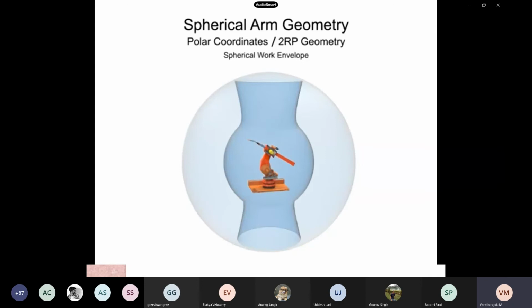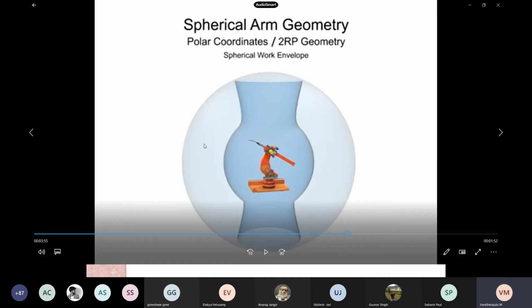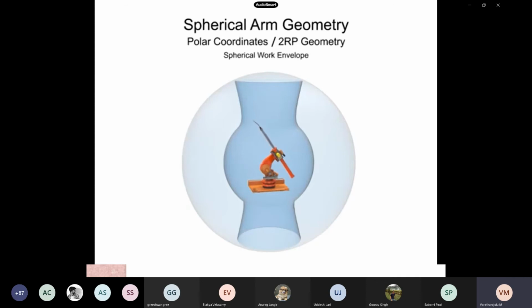The shape of the robot's inner work envelope: see this spherical work envelope. When it has an utmost reach, we have a spherical envelope. When the reach is very minimal, we have a cylindrical type of geometry. The work envelope of spherical arm geometry is almost conical and does not become a sphere until the arm extends.